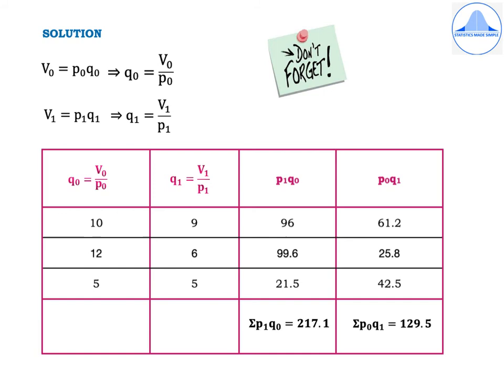And for column Q1 equal to V1 divided by P1, we get the values as 9, 6, 5, and the columns P1 Q0 and P0 Q1 are formed. P1 Q0 has the values as 96, 99.6, 21.5, and summation P1 Q0 is equal to 217.1. Similarly, P0 Q1 has the values as 61.2, 25.8, and 42.5, and summation P0 Q1 is equal to 129.5.